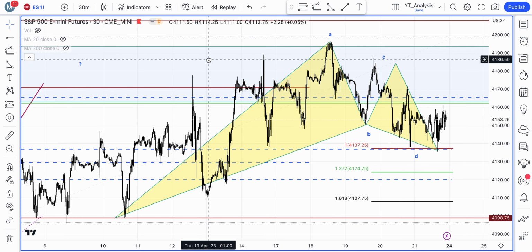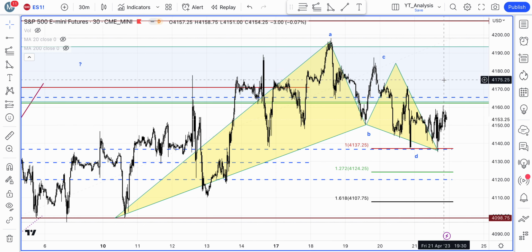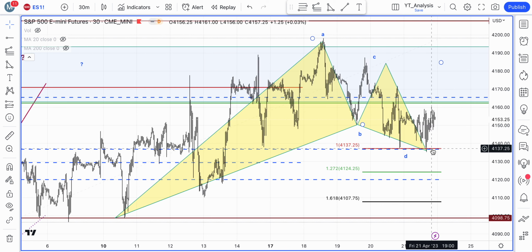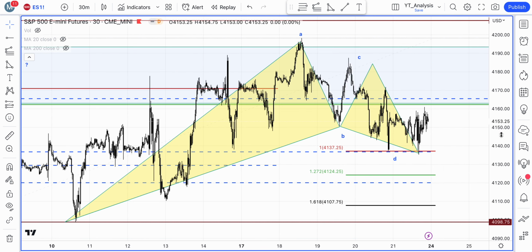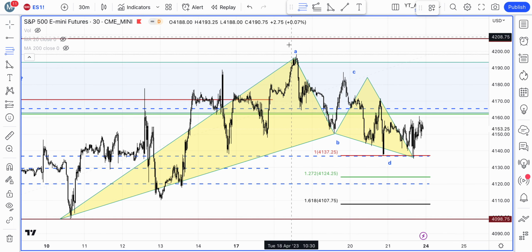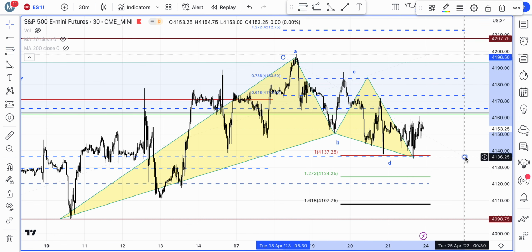So guys, here we have something interesting. In really choppy price action, if this turns out to be a pretty good low, around this level, which is around 41.37 in the S&P 500 E-mini futures, let's try to see a Fibonacci expansion of this entire swing low.